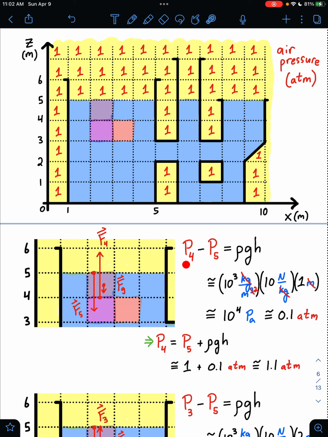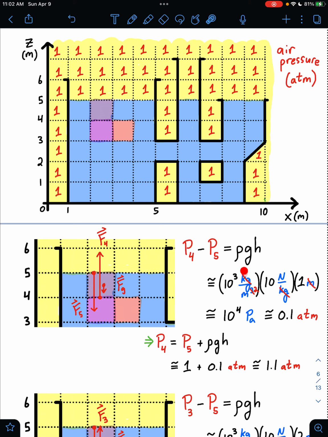Now, we know that the difference in pressure between these 2 levels here is given by this expression. The density of the water in that fluid element times little g, which we'll still approximate as about 10 newtons per kilogram, and then the height of that fluid element, which will be a meter. This is a cubic meter of water right there.